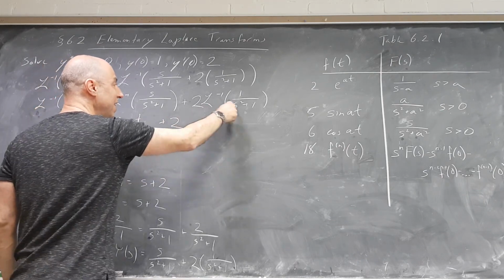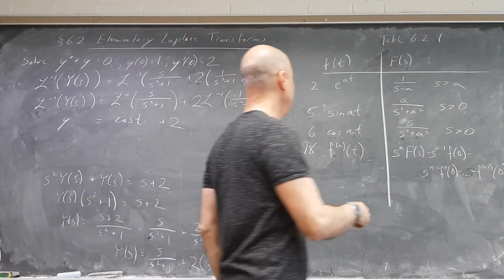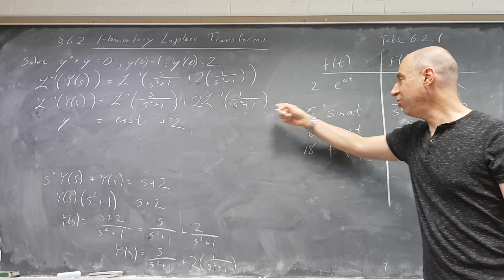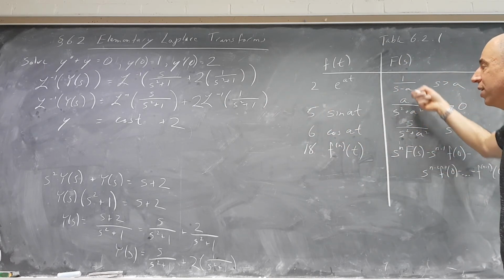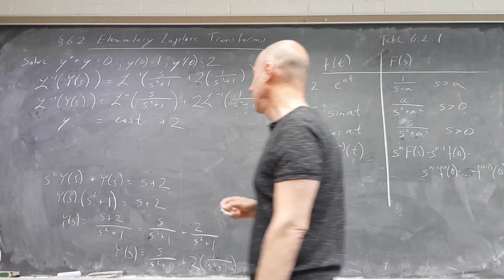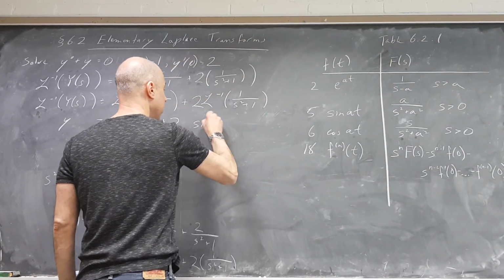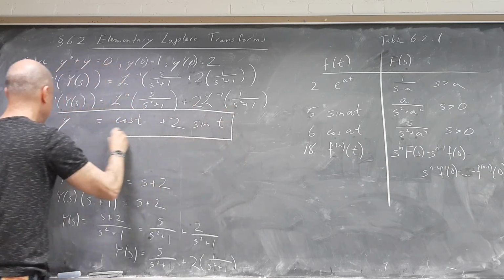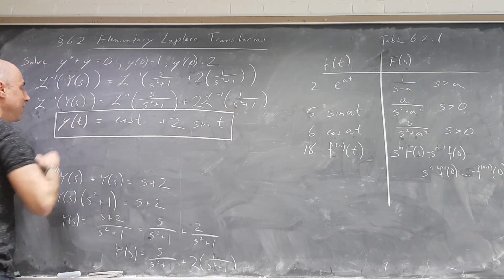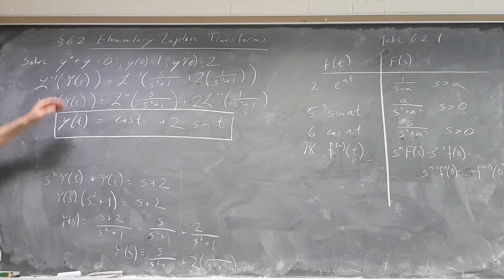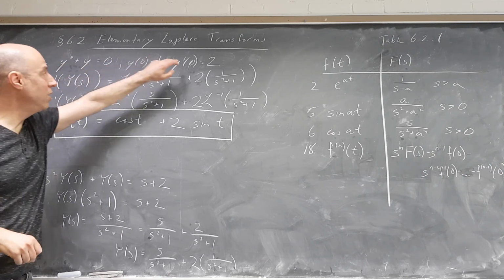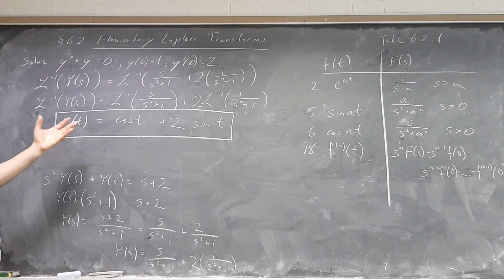Plus 2 times the inverse Laplace transform of that. Here we have this expression, looks just like this, where a equals 1. Sine t. Done. And again, if you want to put y of t in here, that's fine. We solved the initial value problem, this differential equation, with these 2 initial conditions, and there it is.